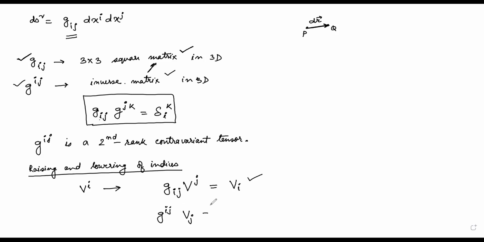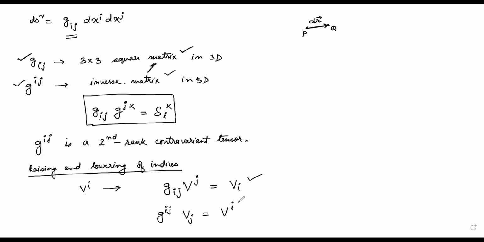Okay, then this will give us V^i. So here j is also contracted over. So this process of finding the contracted product of a vector with G_ij or G^ij is called lowering of index or raising of index.